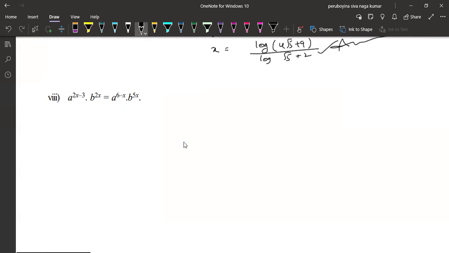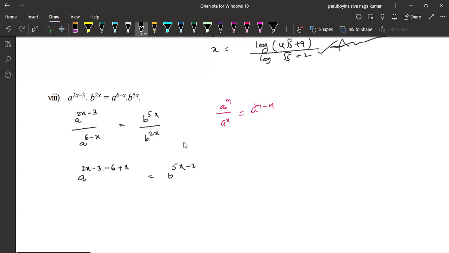This is a power 2x minus 3, and we will write a power 6 minus x, and b power 5x divided by b power 2x. Using the property a power m by a power n equals a power m minus n, a power 2x minus 3 minus 6 plus x is equal to b power 5x minus 2x.